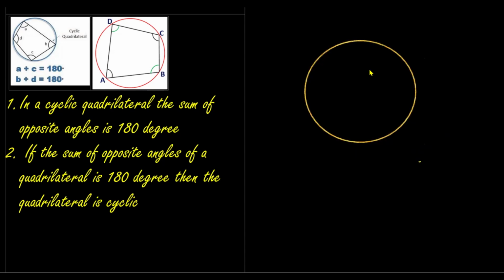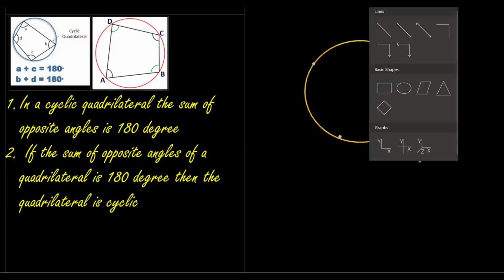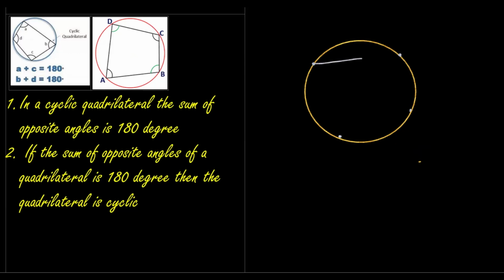Now let's say I took any four points on this circle, say one over here, irrespective of how they are going to form, and I try making a quadrilateral by joining these four points using straight lines only.